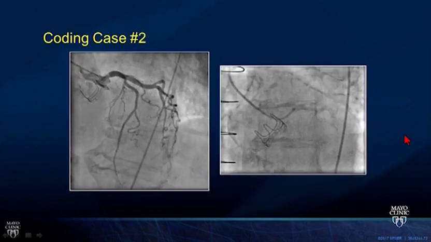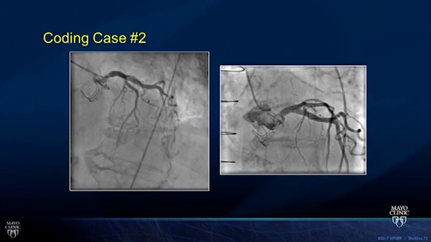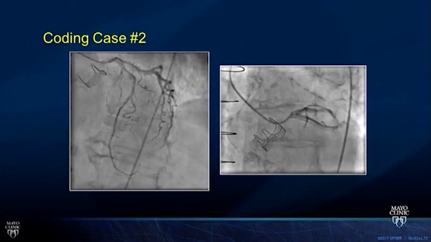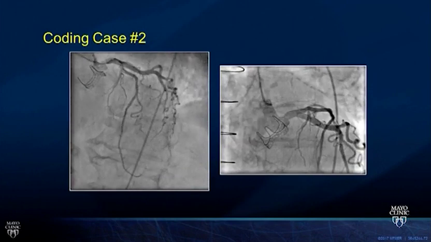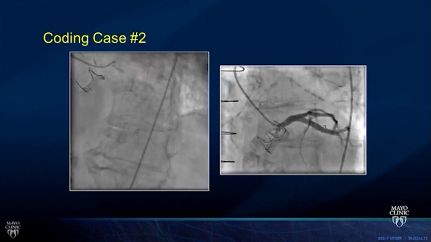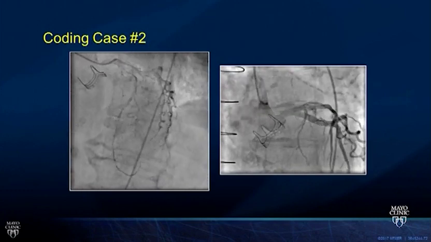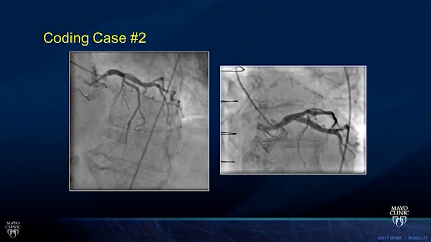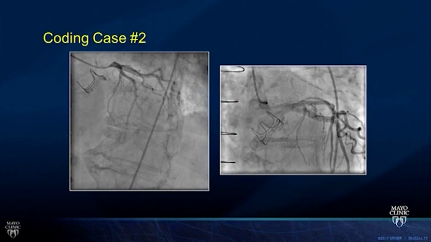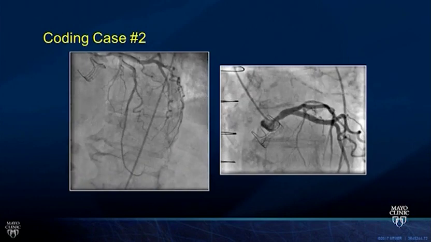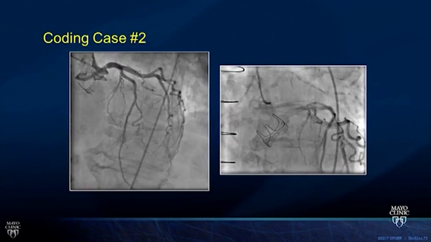Here's another case. I'll give you about 10 to 20 seconds on this one. Remember, the key is to code the most severe lesion that you see in any particular vessel. This patient also happens to have an aortic bioprosthesis as well, but that's obviously not something that we'll be coding.